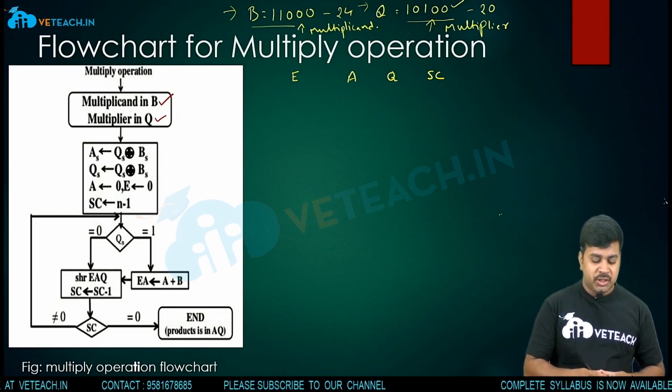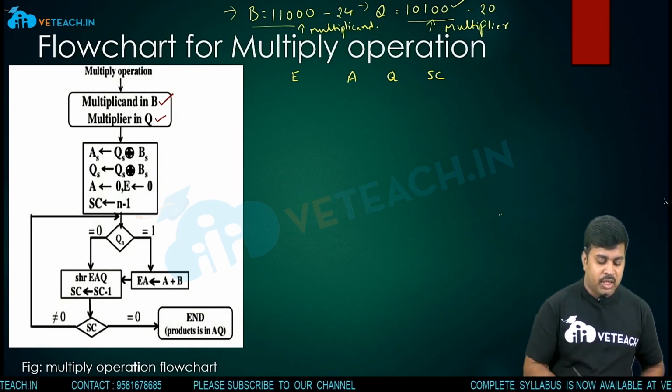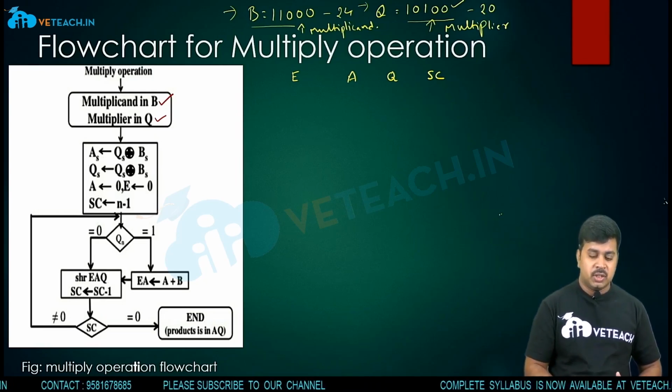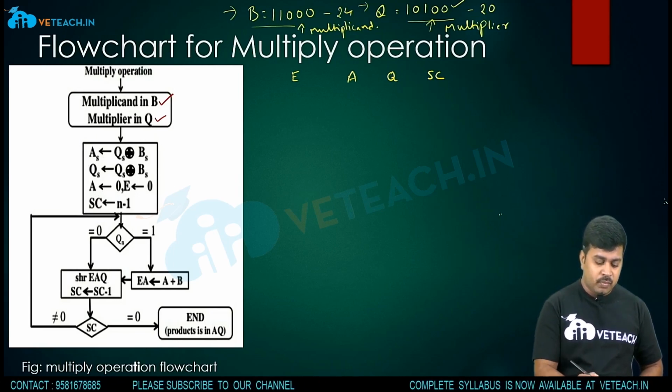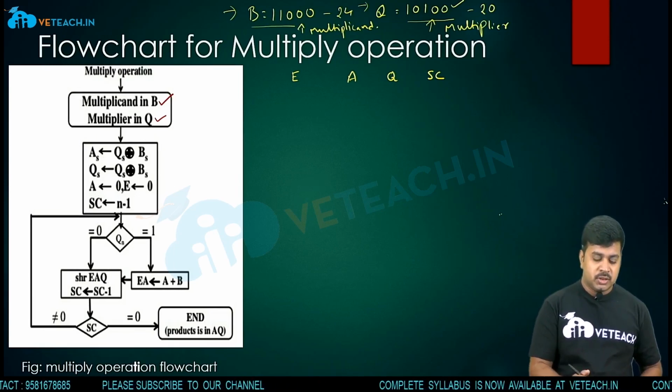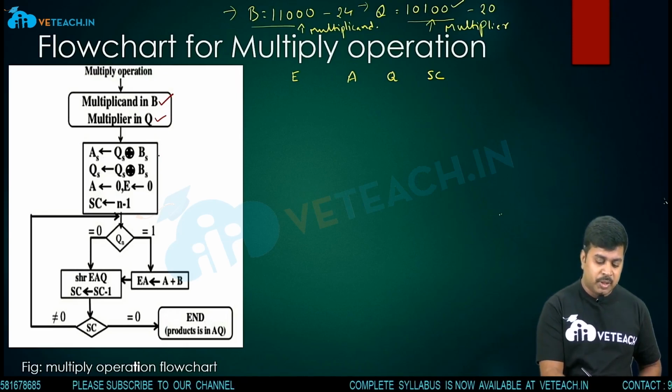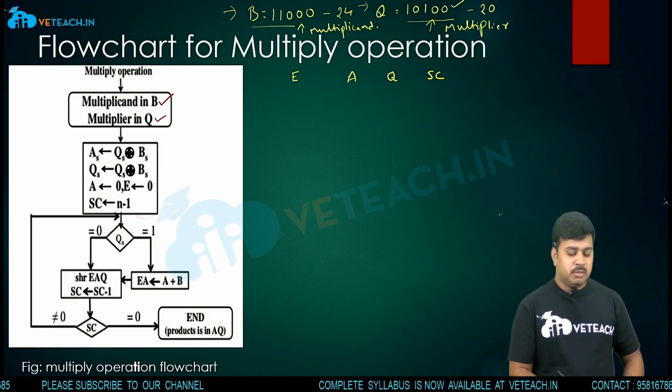Now we are going to check the signs of QS and BS. Q is nothing but the multiplier, and B is nothing but the multiplicand.